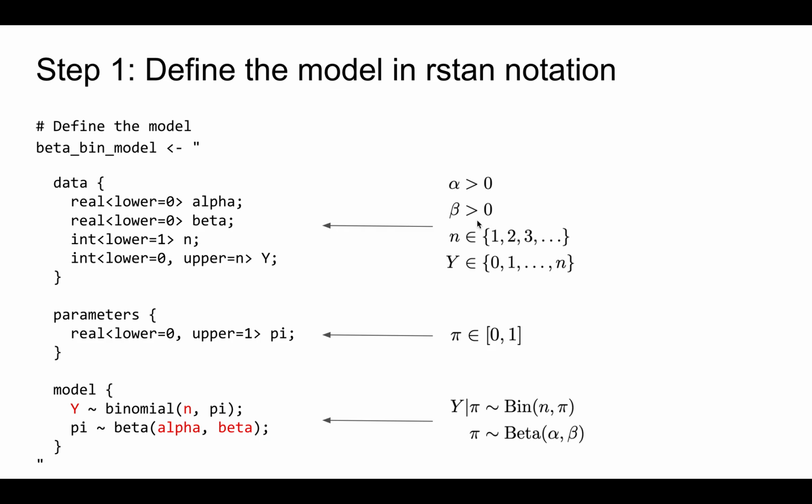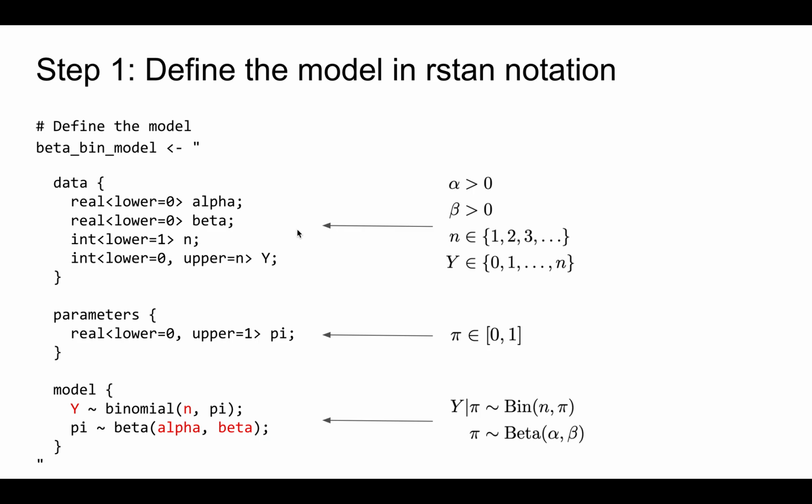With respect to the data, the number of binomial trials n must be an integer that's at least 1. That is, we might have 1 or 2 or 3 trials and so on. Further, the eventual number of successes in these trials, y, is also an integer. Yet the number of successes can range from 0 successes up to n out of n successes. Again, at left, we translate this information into rstan notation.